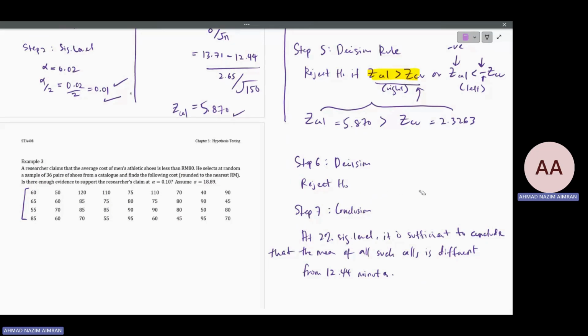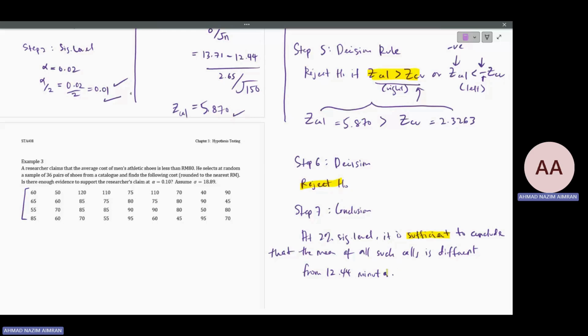So it is easy for you, like we have a template for writing a conclusion: just change here, whether it is sufficient or insufficient. Remember, if reject H null, then we use sufficient. If fail to reject H null, then we use insufficient.